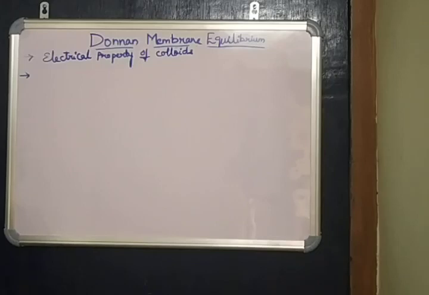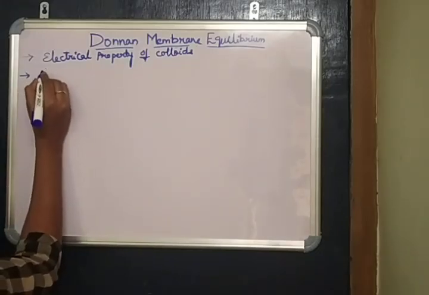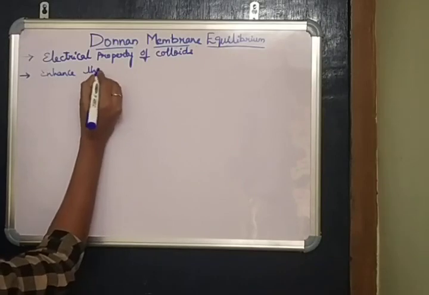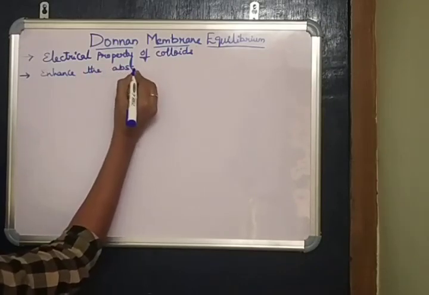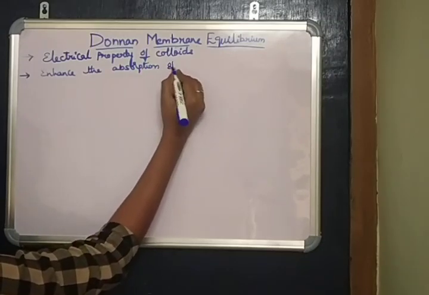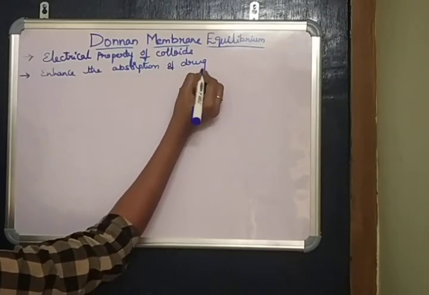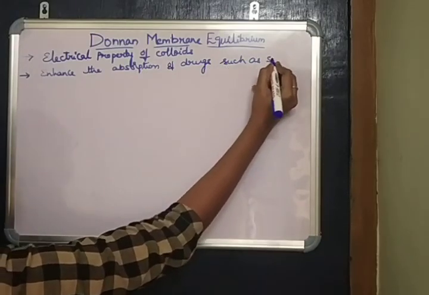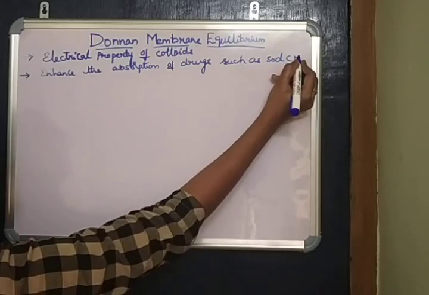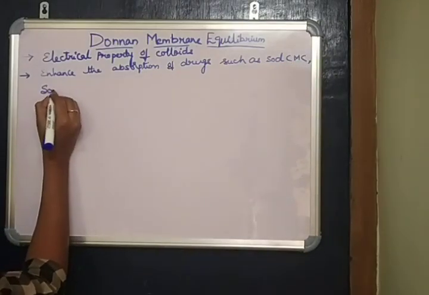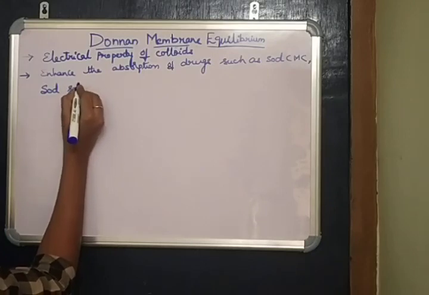This Donnan membrane equilibrium is used to enhance the absorption of drugs such as sodium CMC, sodium carboxymethyl cellulose, and sodium salicylate.